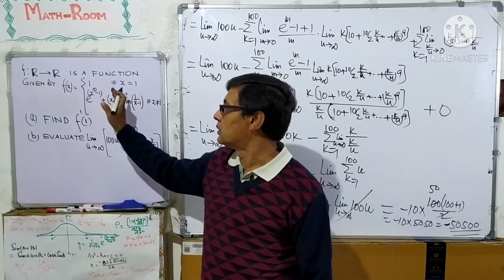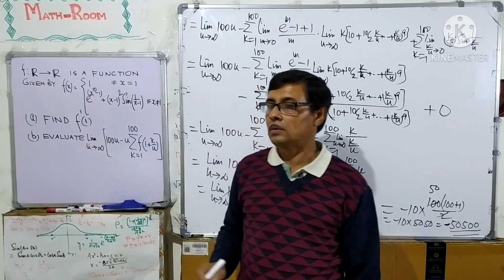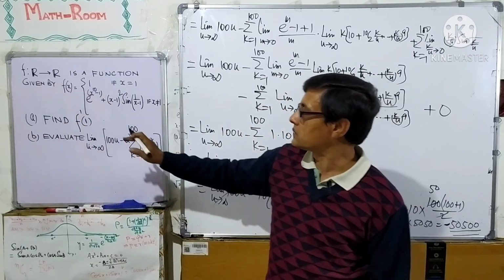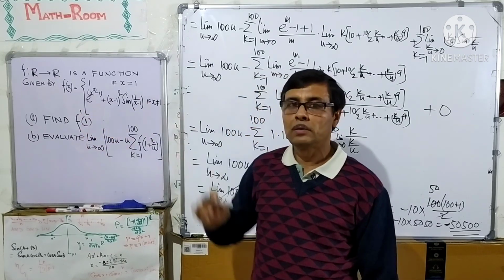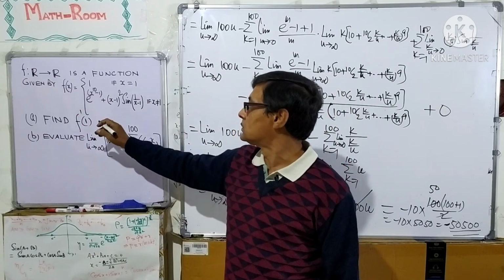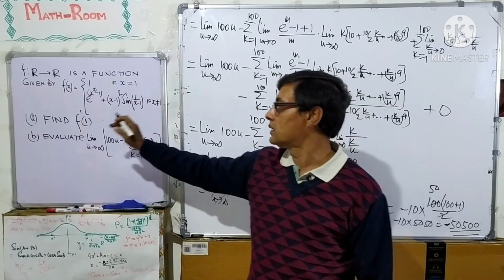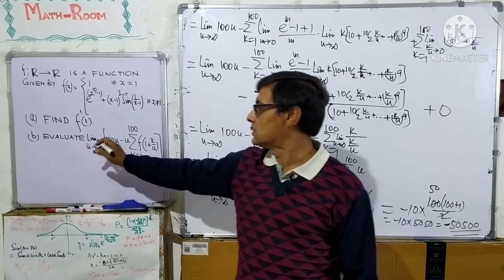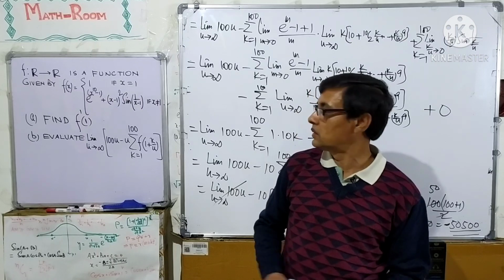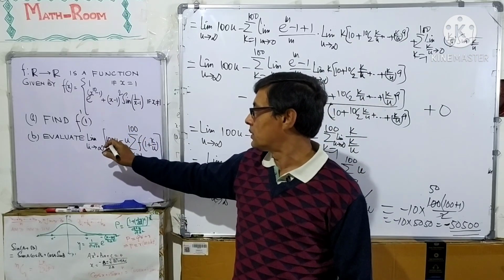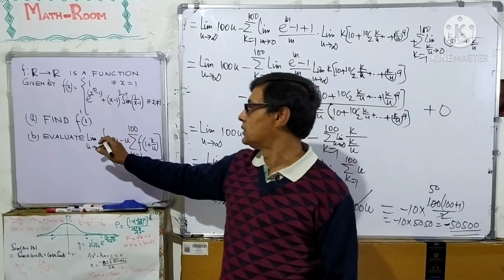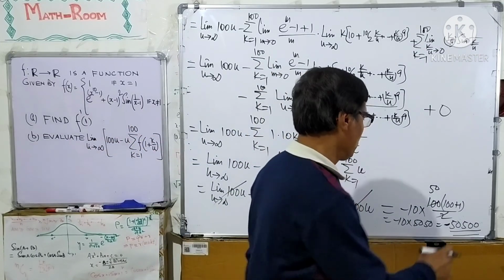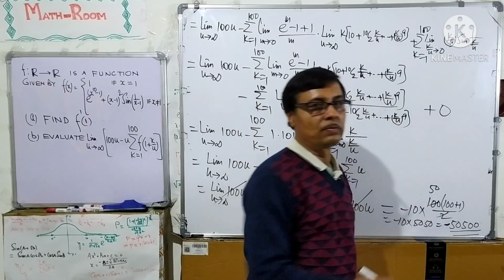We have solved the two parts of this problem. The first part was f dot 1. F dot 1 has already been found out, whose value is 1, and the second part we have just now found out, we have determined the value of this limit, and this value of this limit is minus 50,500.